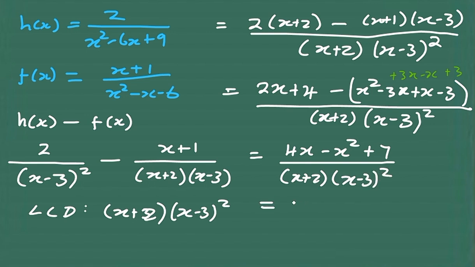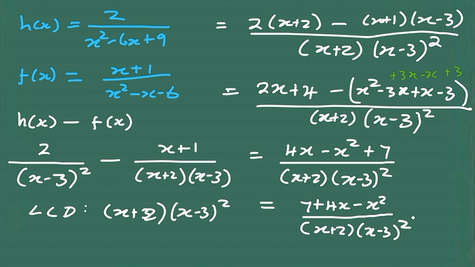So rewriting this expression, this is 7 plus 4x minus x squared, all divided by x plus 2 times x minus 3 all squared.